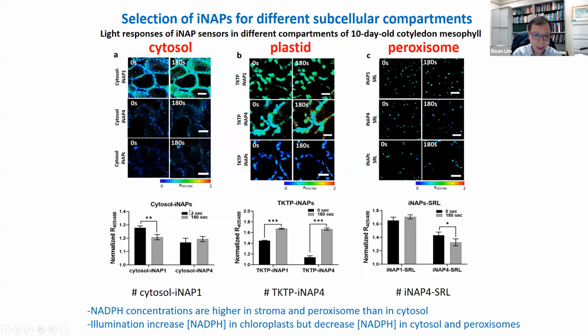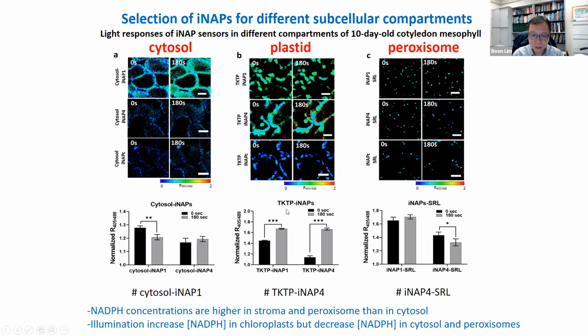We can see that in cytosol, when we illuminate, there is a decrease in iNap1 ratio, there is a decrease in NADPH, but this is not detected using iNap4. Our interpretation is that the concentration of NADPH in the cytosol is pretty low. So even if it further decreases, this is not detectable by iNap4, because iNap4 is a low affinity sensor, whereas only iNap1 is sensitive.